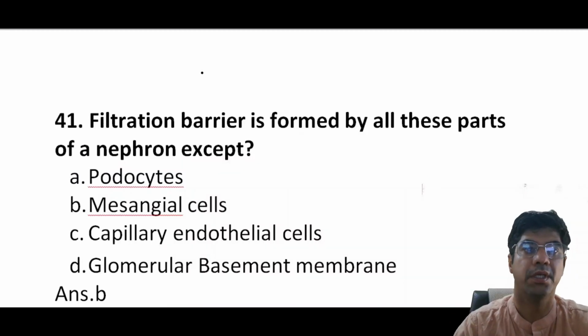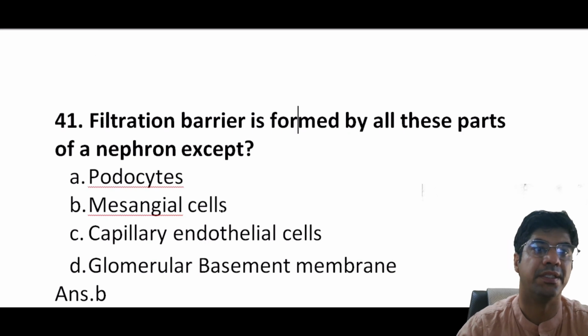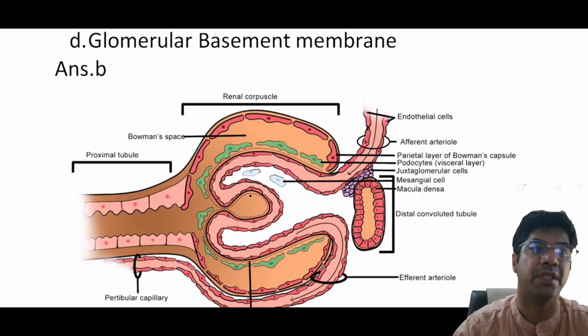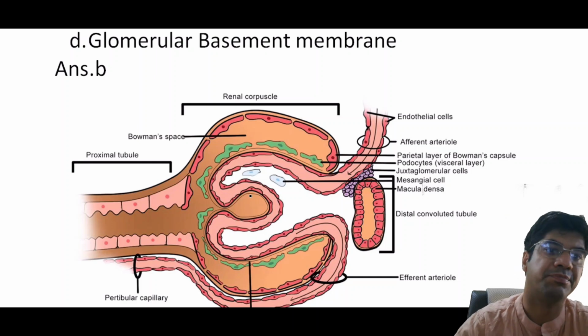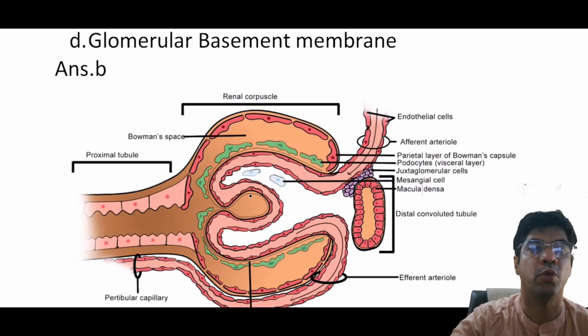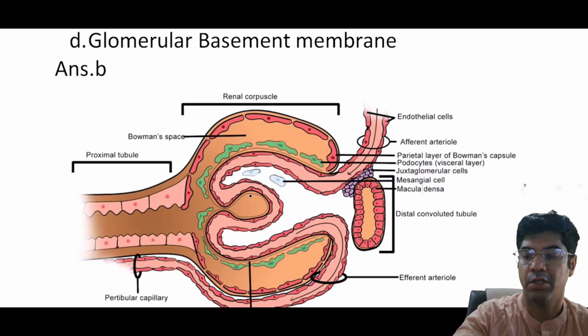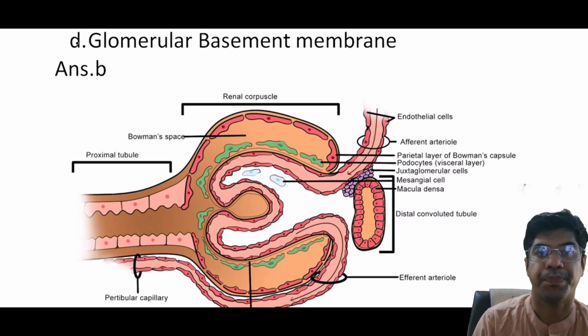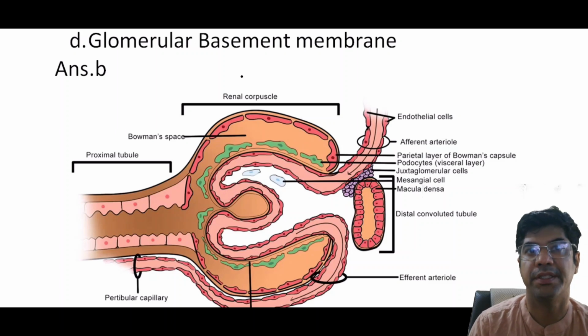Coming to the next question, the filtration barrier in the nephron is formed by all of the following parts except, the answer would be mesangial cells. So remember that the filtration barrier in the nephron is a specialized structure within the glomerulus that is responsible for filtering blood to form urine. So it consists of primary components. The first are the podocytes.